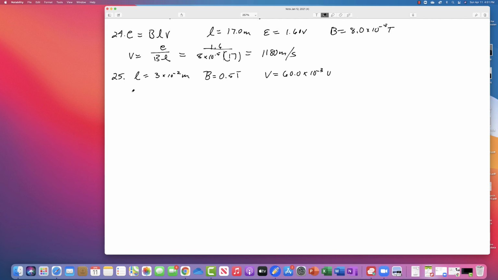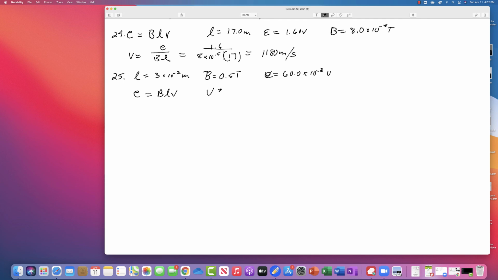Okay, if we say that E is going to equal BLV, so we want to know what that velocity is.